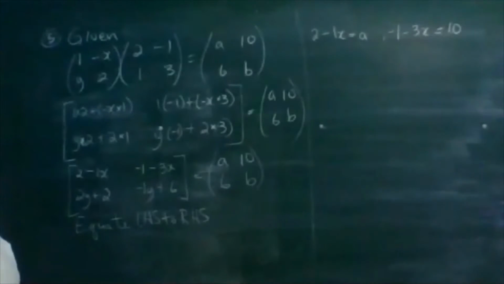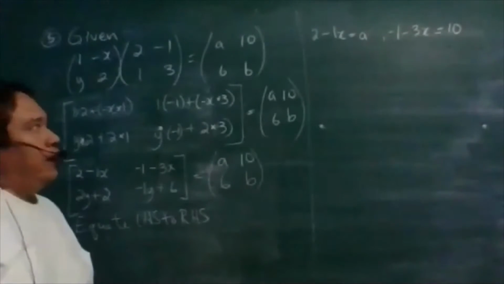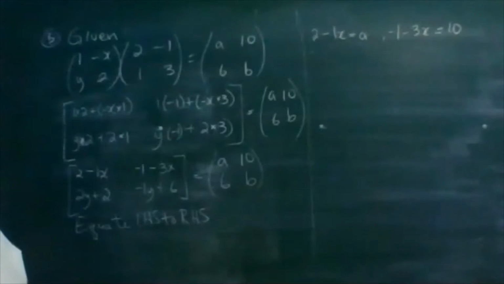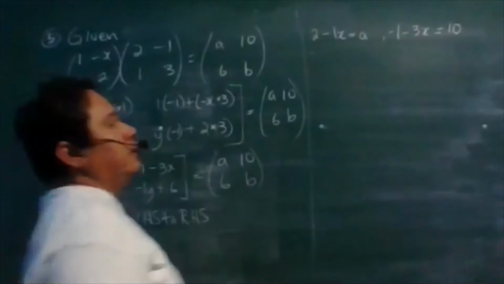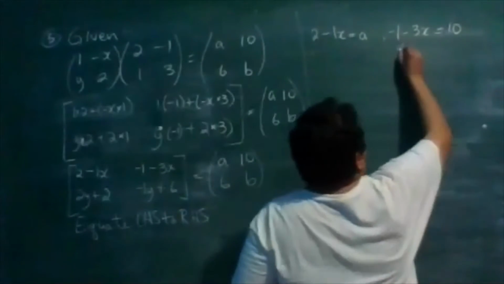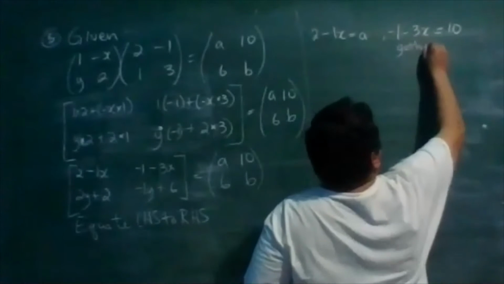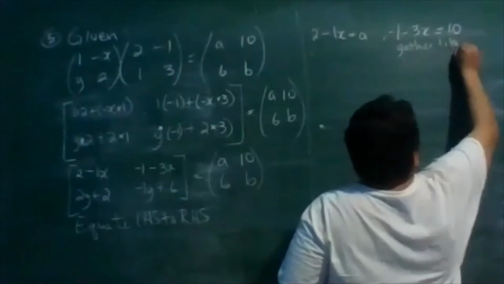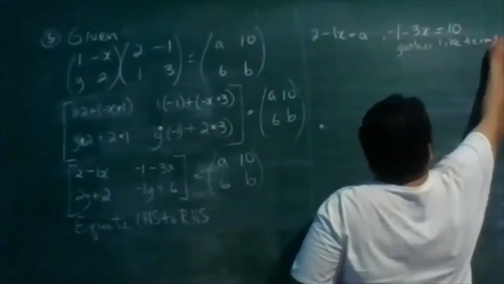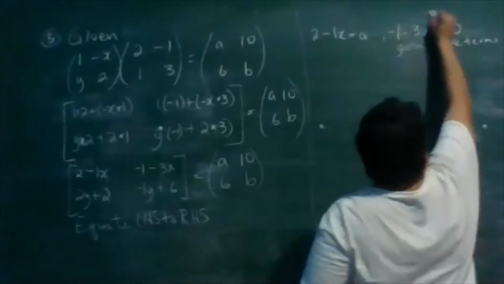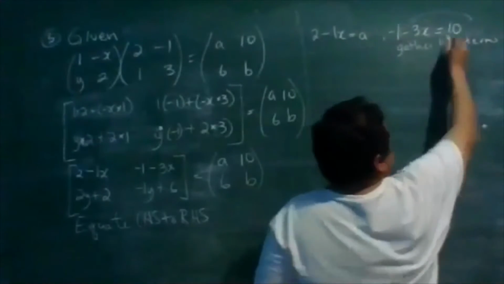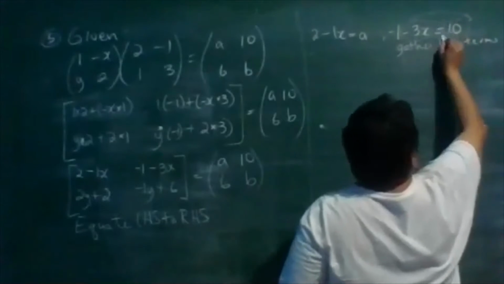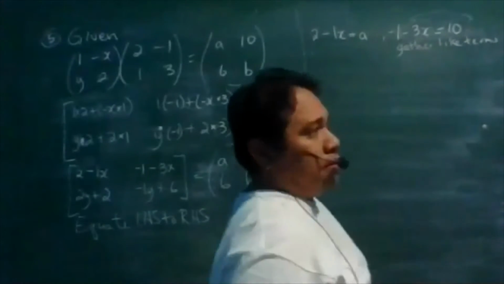Okay? So let's work that one out. To do that, I will gather like terms, meaning I will move this across to make it positive while moving this forward to make it negative.